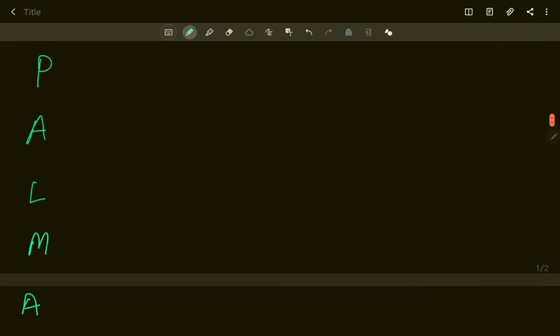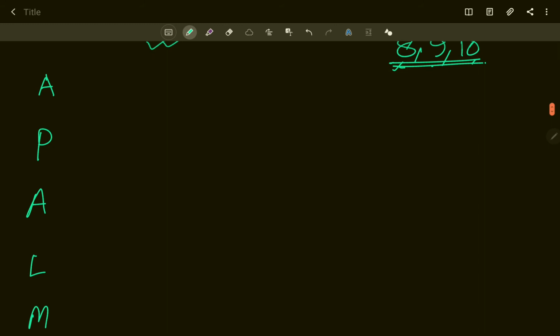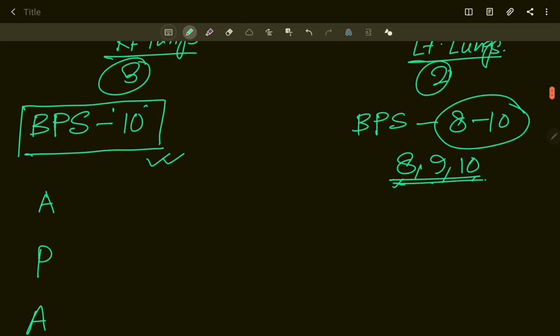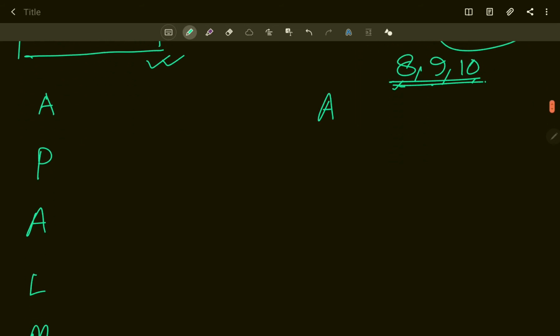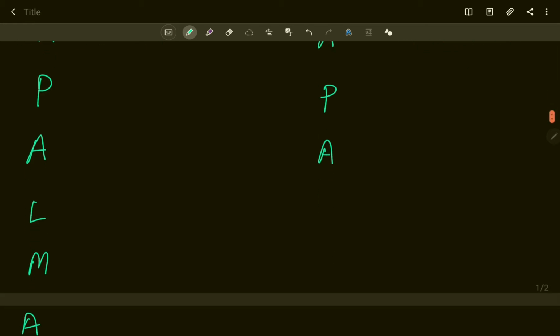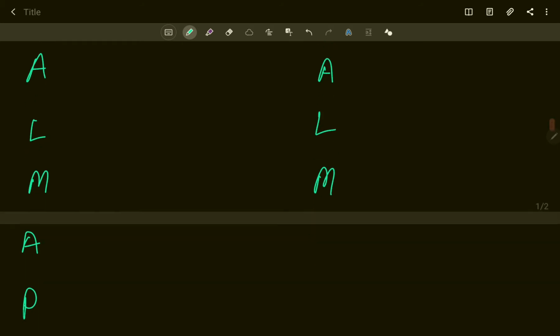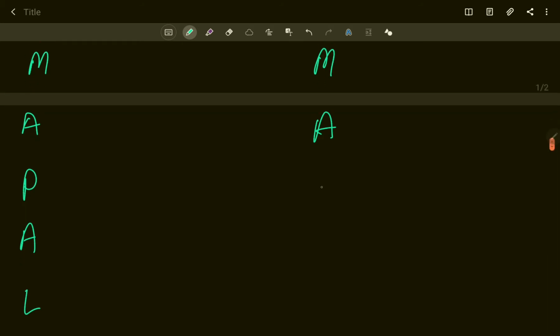A pump, A pump. I'm also writing on the left side the same thing, A pump, and A pump.